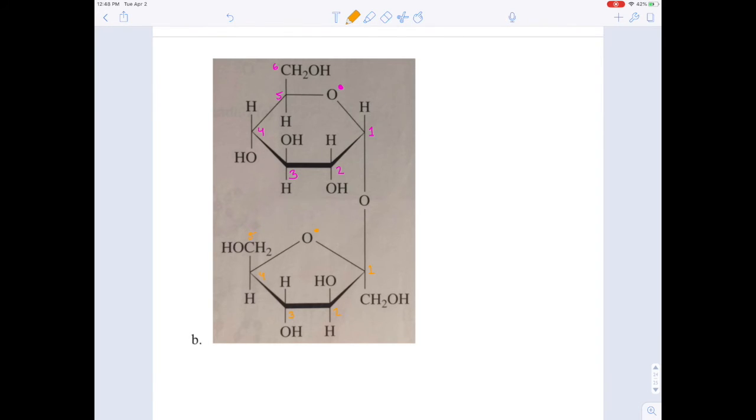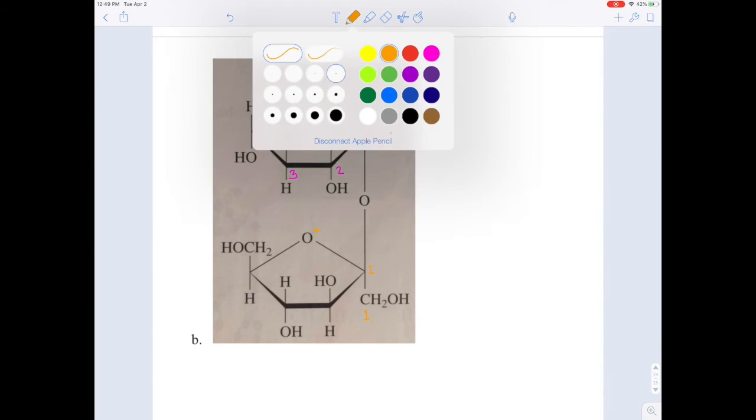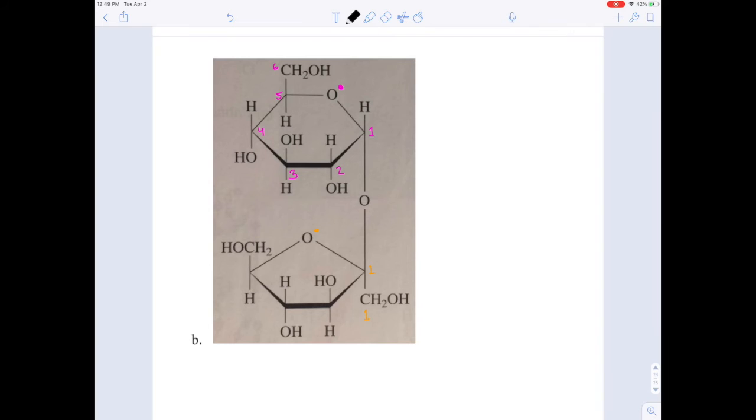Okay. Now, with these 5-membered rings, the carbon here immediately to the right that we were used to drawing as carbon number 1 actually isn't carbon number 1. Carbon number 1 is right here. You get these 5-membered rings because in a Fischer projection, so far we've had that aldehyde at the very top.